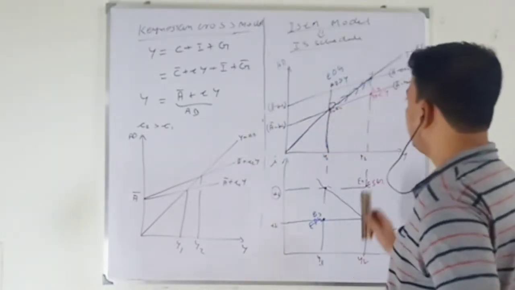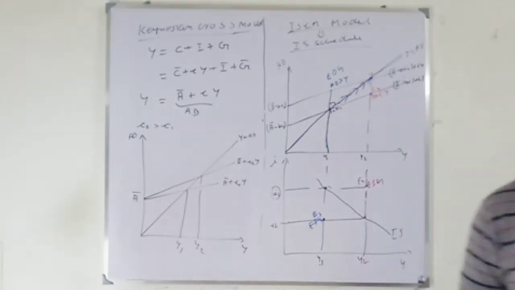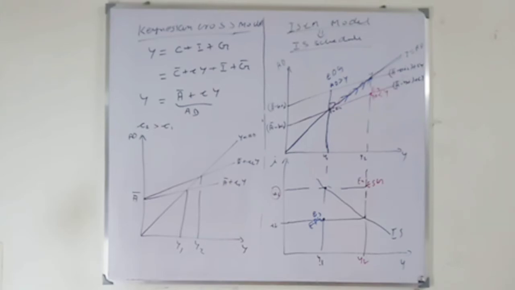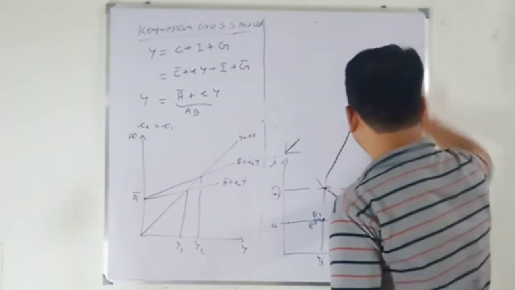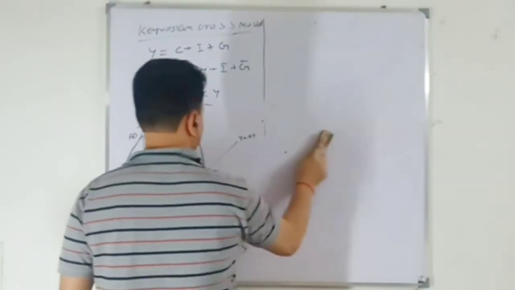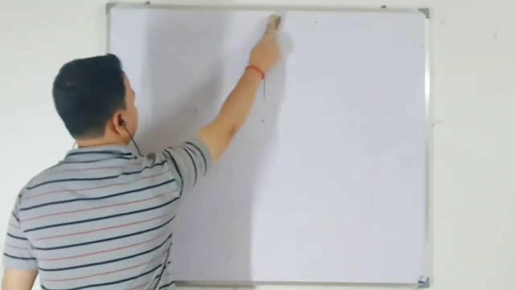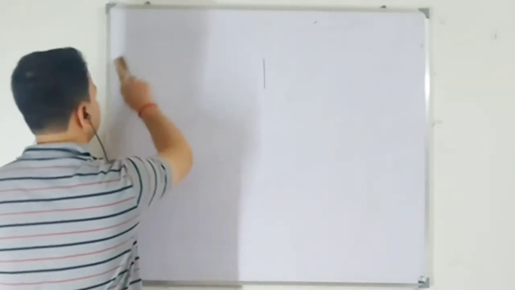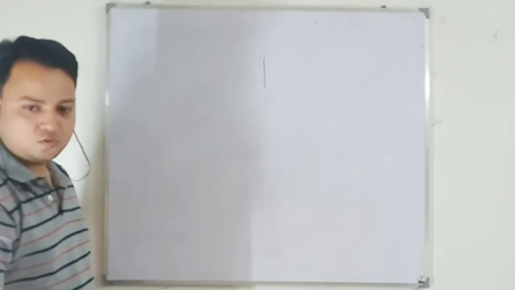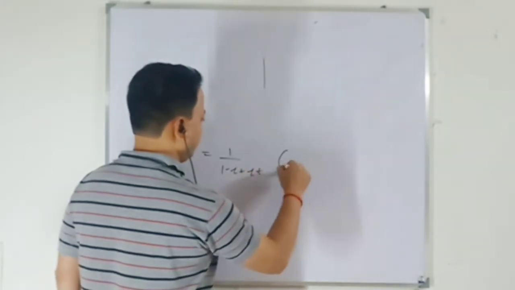Now the next task is to look at the slope of the IS curve. Remember, when they ask about the Keynesian cross model, equilibrium in the Keynesian model, no need to memorize 1 minus c plus ct and the autonomous part.